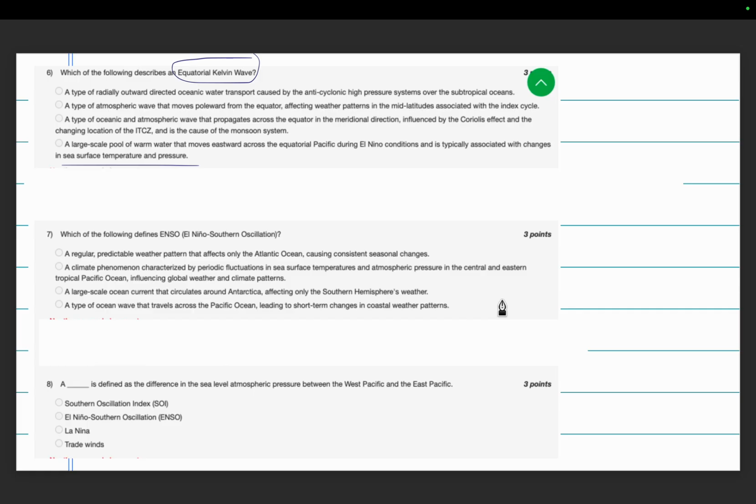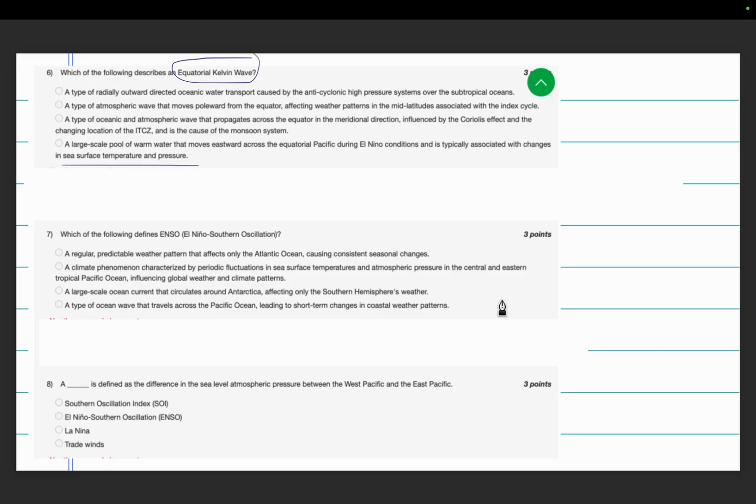So the first option is, it is a type of radially outward directed oceanic water transport that is caused by the anticyclonic high pressure system over the subtropical ocean. Or is this a type of atmospheric wave that moves poleward from the equator affecting the weather pattern in the mid latitude associated with the index cycle, a type of oceanic and atmospheric wave that propagates across the equator in the meridional direction, influenced by the Coriolis effect and the changing location of the intertropical convergence zone, and is caused by the monsoon system.